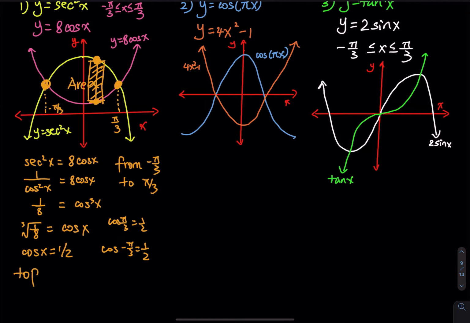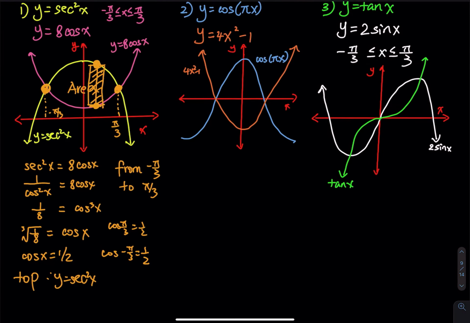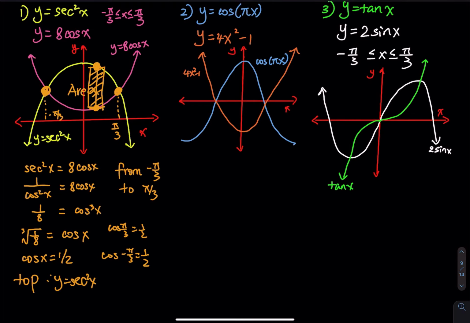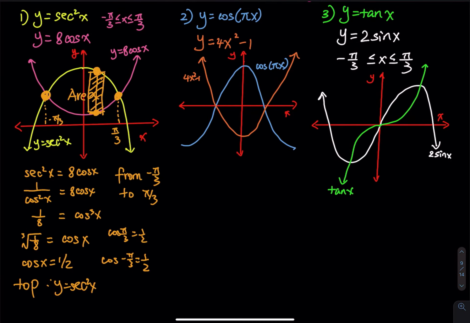So the top curve is y equals secant squared x, and then, did I label that right? Let's see. Okay, secant squared and cosine.